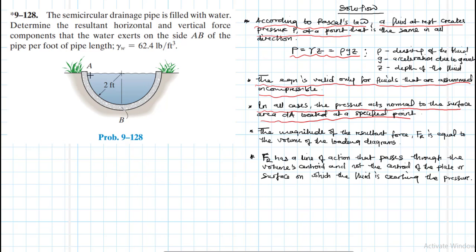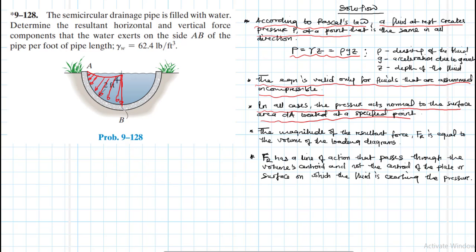So at this particular point here, we expect the pressure to be acting normal, and it keeps on increasing with depth. We expect to have the maximum at the bottom, with some distribution like that. And this is what we want to find.